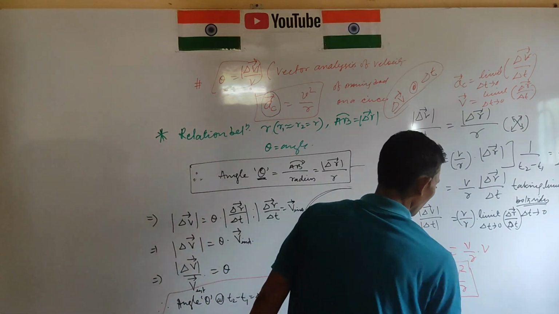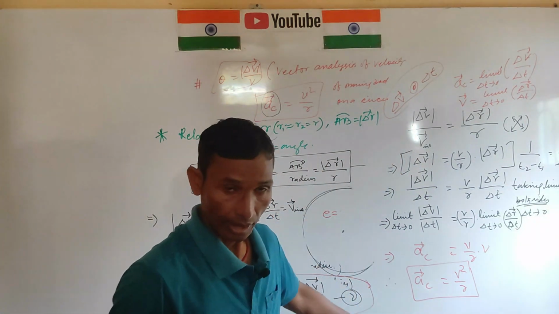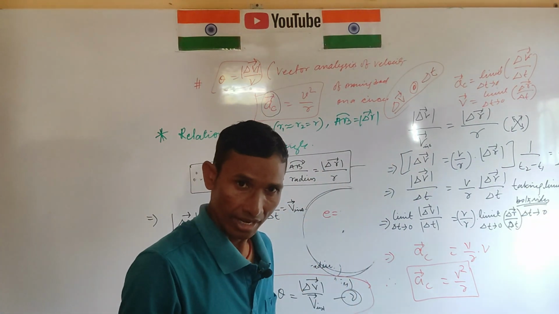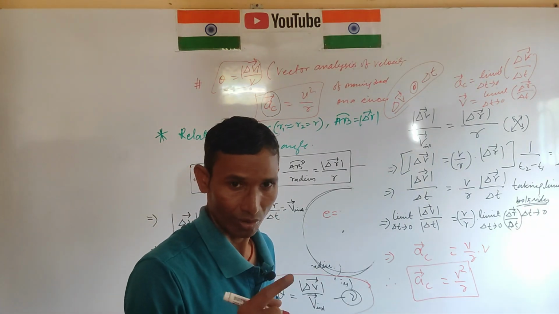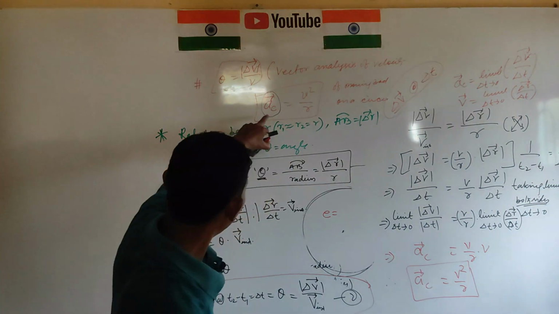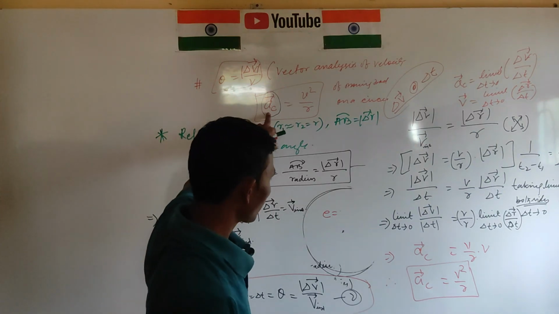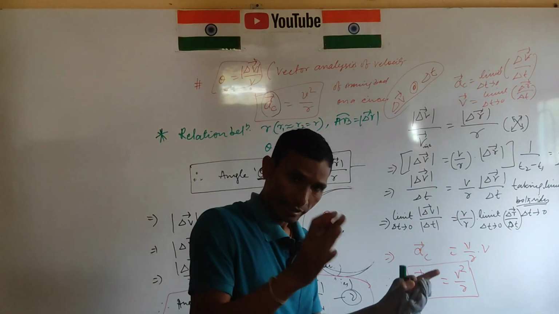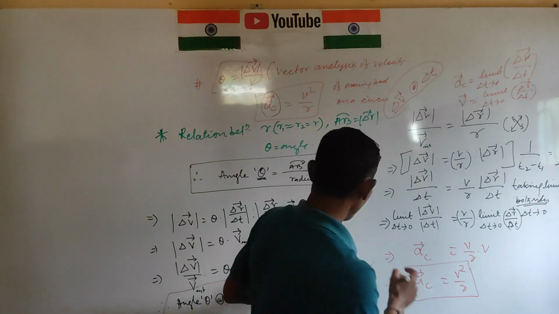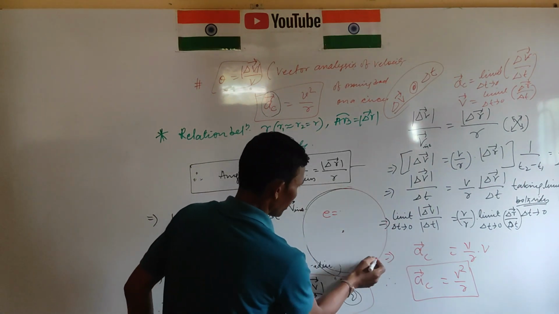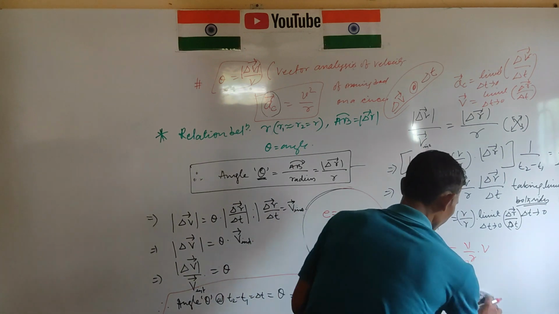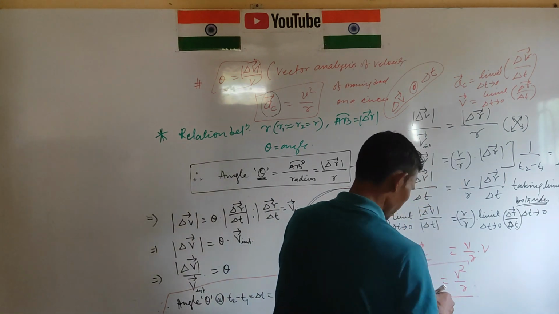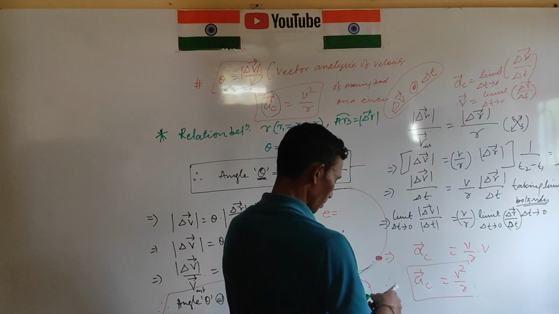This is the derived equation for the acceleration when the body revolves in a circular path, that is called a fixed orbit. And when there is acceleration, there will be a mass. Suppose here is the mass of the body, and we multiply by this mass.